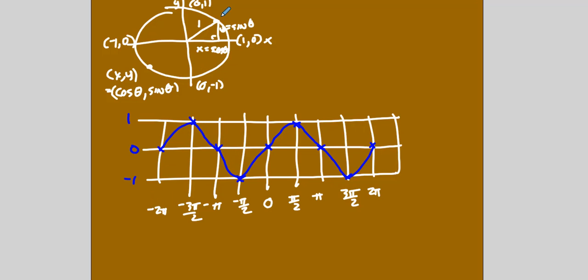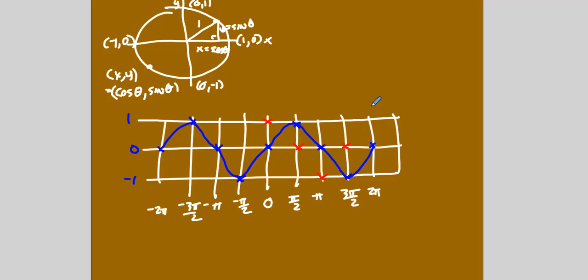Okay, and then same thing for cosine. Cosine of 0 is 1. Cosine of pi over 2 is 0. Cosine of pi, or 180 degrees, is negative 1. Cosine of 3 pi over 2, or 270 degrees, is going to be 0.